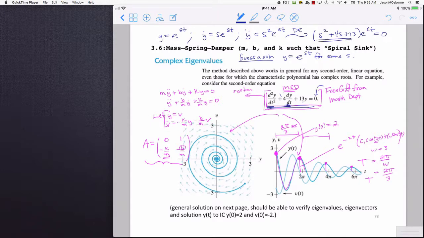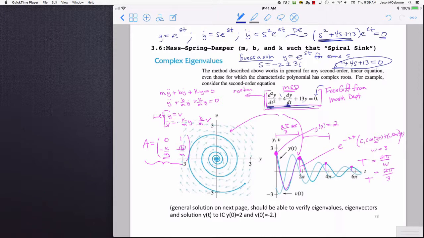And this should look very familiar as the characteristic equation. This equation is equal to 0 only if s squared plus 4s plus 13 is equal to 0, which was your characteristic equation, and therefore we know that s is equal to -2 plus or minus 3i.